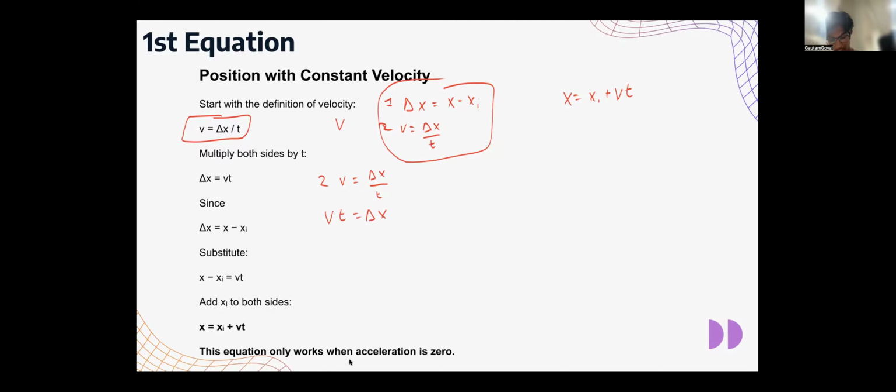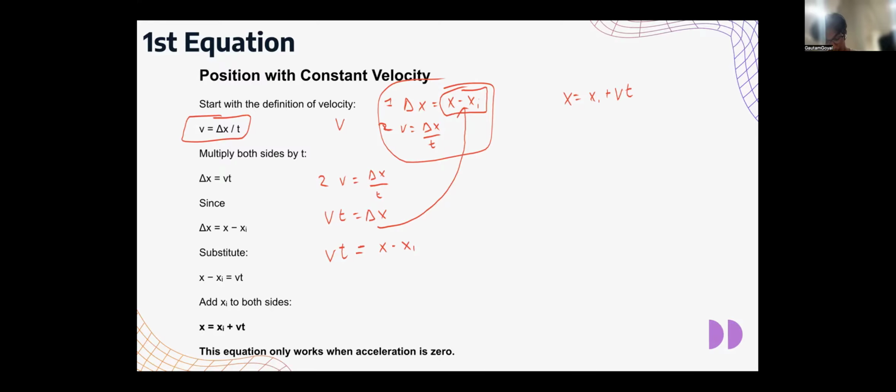And since we know that delta x is equal to this, we get that velocity times time is equal to x minus x initial, right?